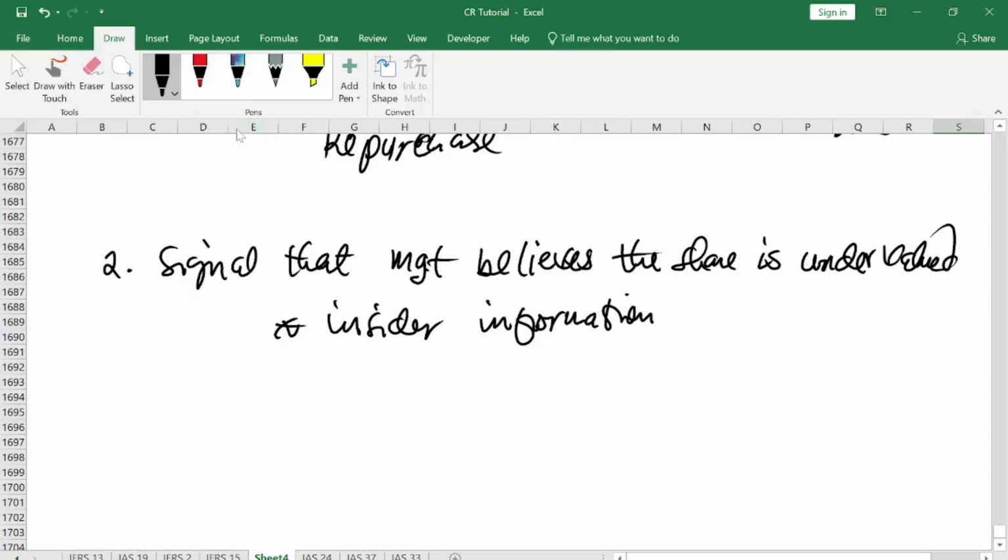So if they have insider information about the company, they can infer that there's a likelihood that this company can make a gain in the near future. If the company is going to make a gain in the near future, a rational human being will buy back the shares.